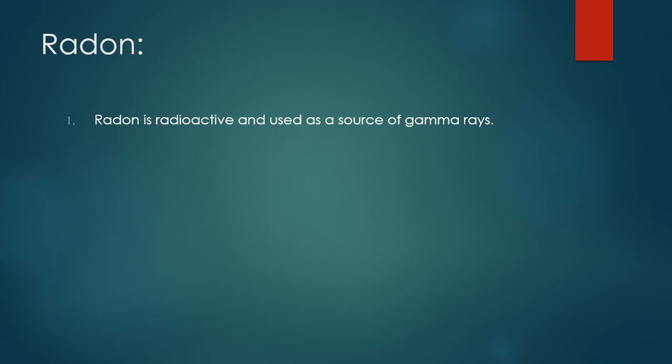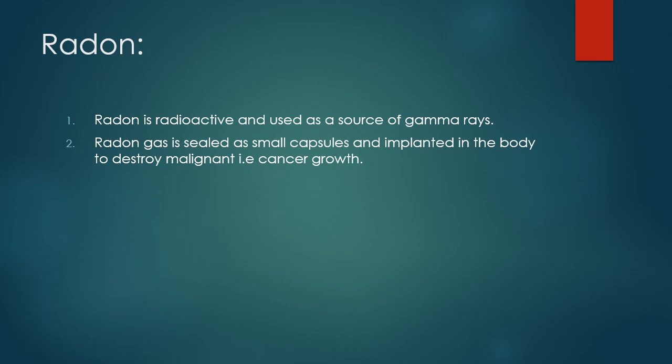Uses of radon. Radon is a radioactive element and it is used as a source for gamma rays. Radon gas is sealed in a small capsule which is implanted in the body to destroy malignant cells, that is, cancer cells.